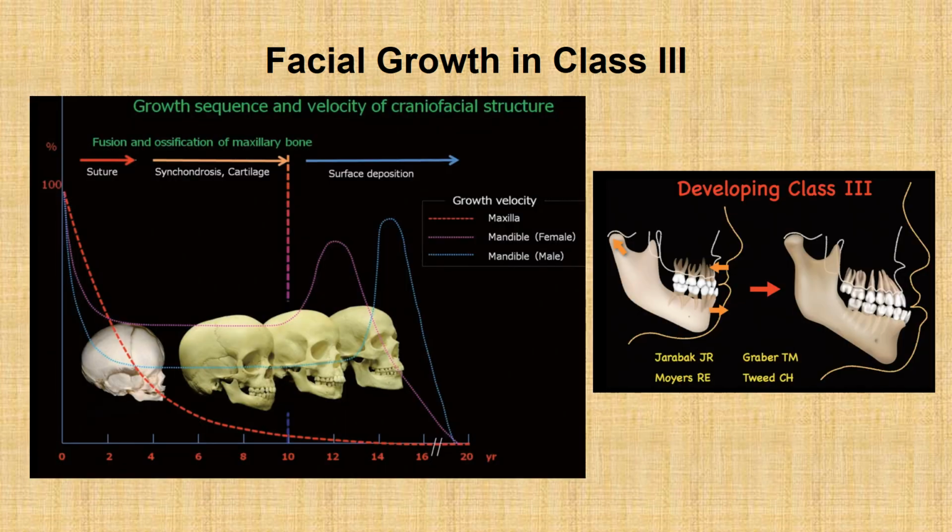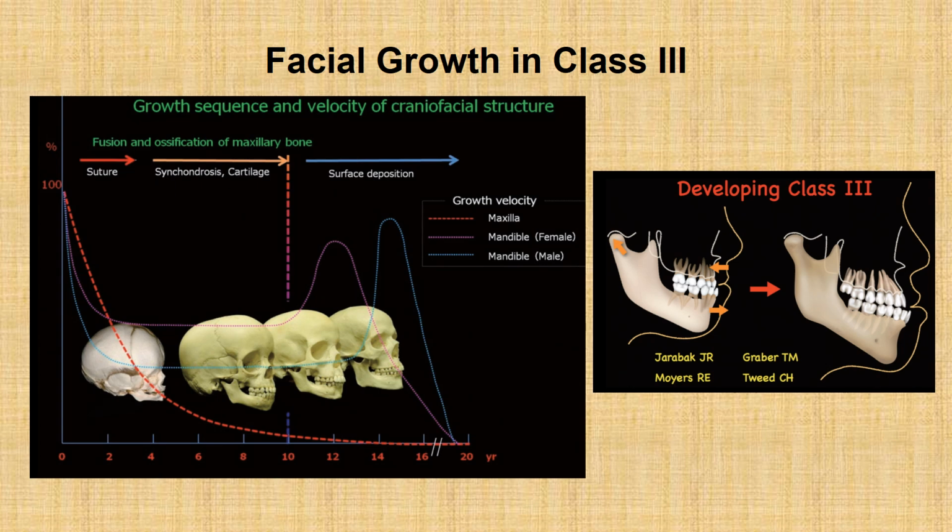Now, if you look at this growth, compare the growth in the maxilla and the mandible. This purple curve is the growth of the mandible in the female, the blue curve is the growth of the mandible in the male, and this broken red line is the growth curve of the maxilla.